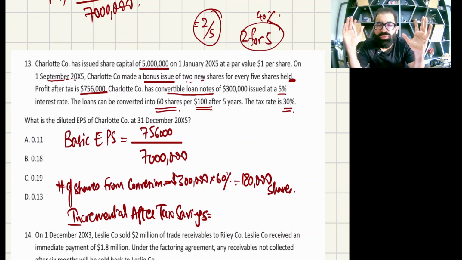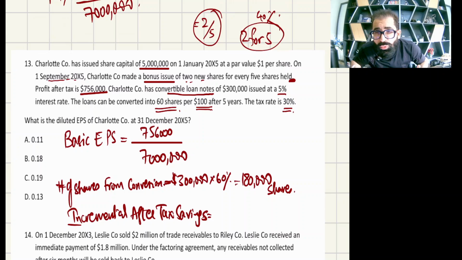Now close your eyes and think: once you convert your loan notes into shares, there will be no more loan notes. When there are no more loan notes, there will be no more interest expense. So your interest expense will be saved, and automatically your profit will go up. But once your profit goes up, the tax department will charge tax on it.